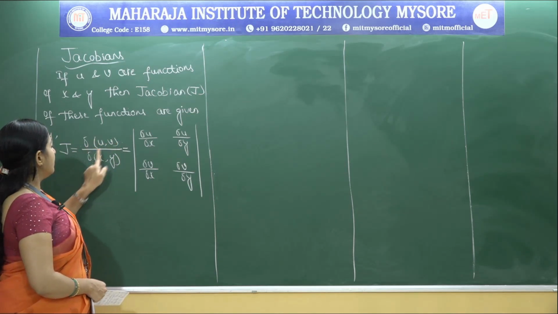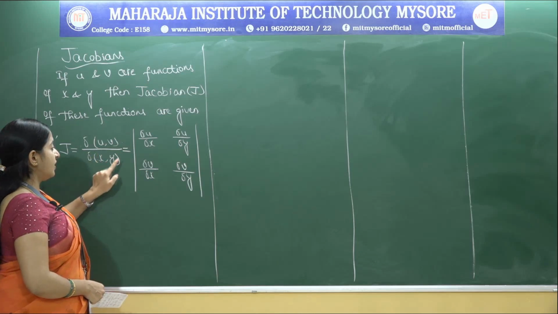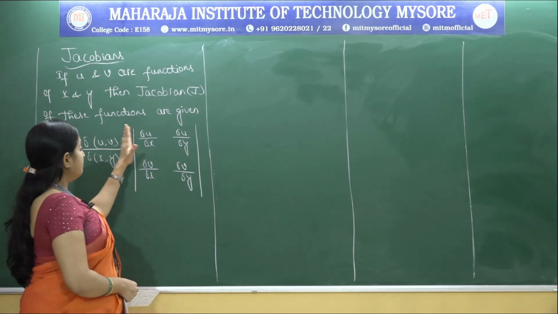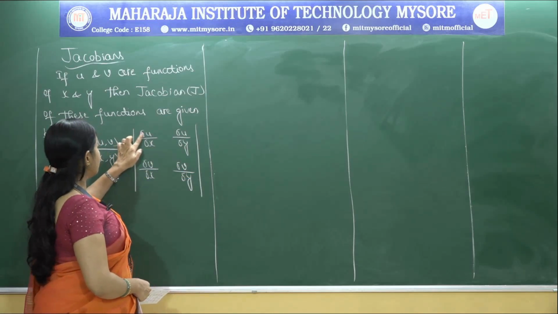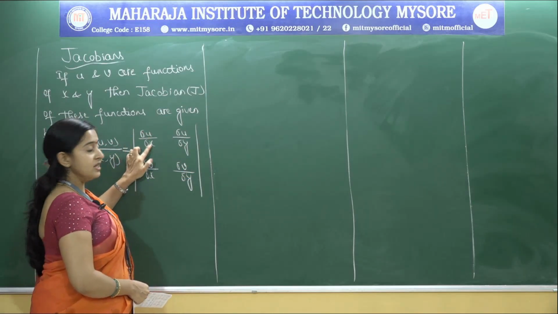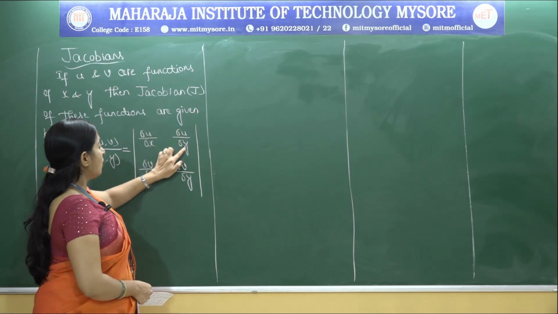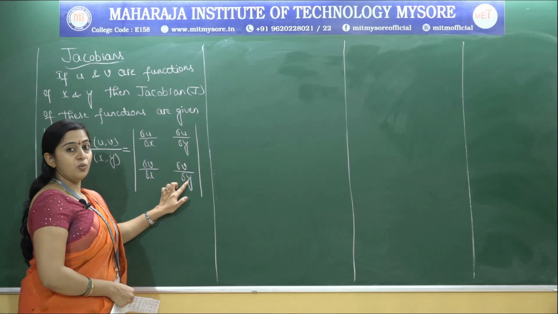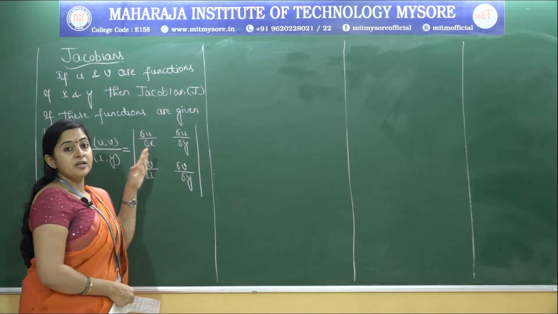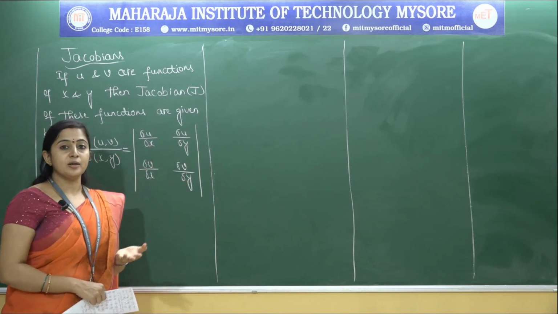So del(u,v) divided by del(x,y) equals the determinant whose first row is the partial derivative of u with respect to x, u with respect to y, and second row is v with respect to x, v with respect to y. This is the formula, with respect to the two variables.